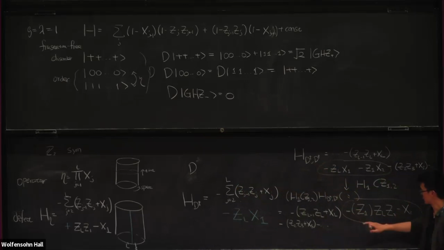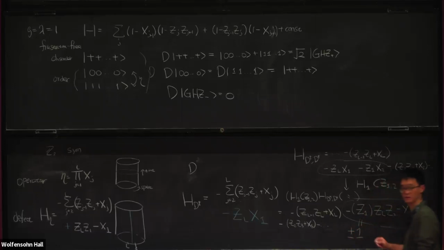But if you look at this Hamiltonian, you see the first qubit only participates in the entire Hamiltonian through this term. There's no X_1. So this is a decoupled qubit. And you can just diagonalize it to be plus or minus 1, independent of the rest. So what we found here is that we started with a system with L sites. After this local unitary transformation, we have L qubits, but one of the qubits is just sitting there doing nothing.